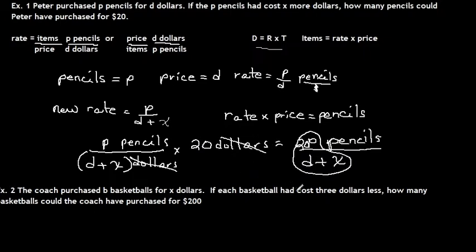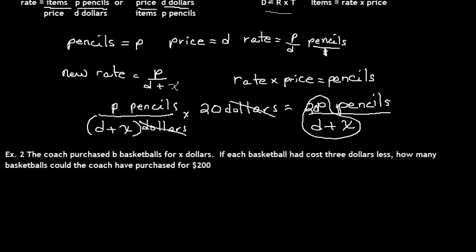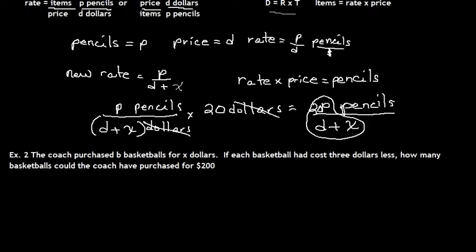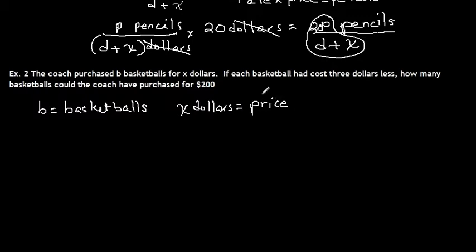Alright, the second one, in the book they do it completely different, but I'm going to do it just like they do the first one, just for some consistency. So let's read this one. The coach purchased B basketballs for X dollars. So B is going to be our basketballs. X dollars is our price, and we have to come up with our rate.